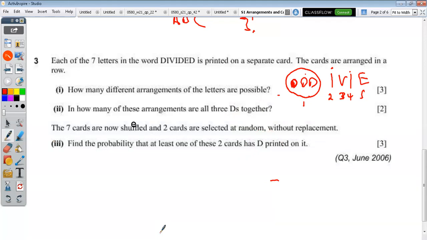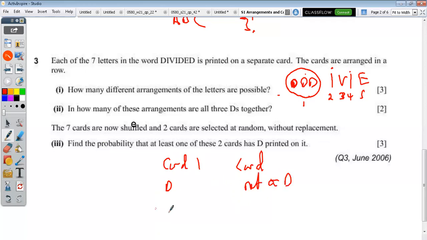Look at this, I want to show you something. I can have card 1 and card 2. So I can have a D here, at least one of them, a D and not a D. Do you agree?